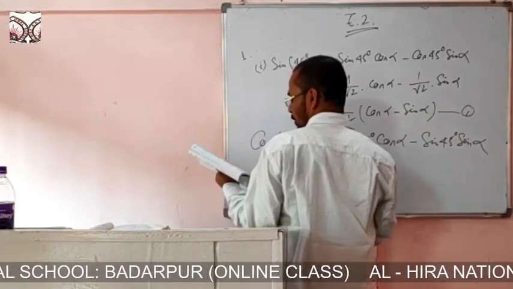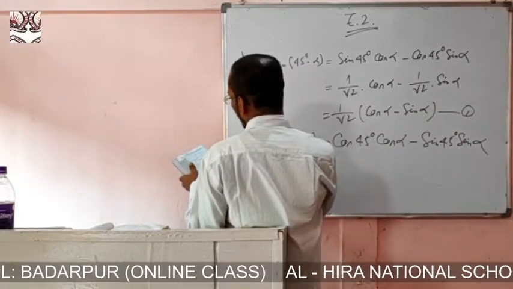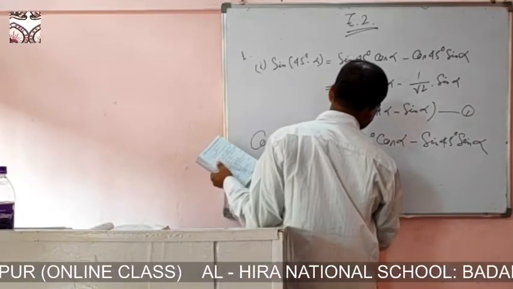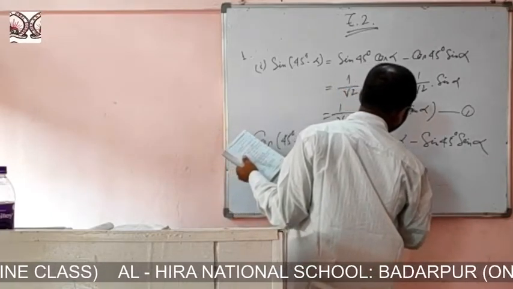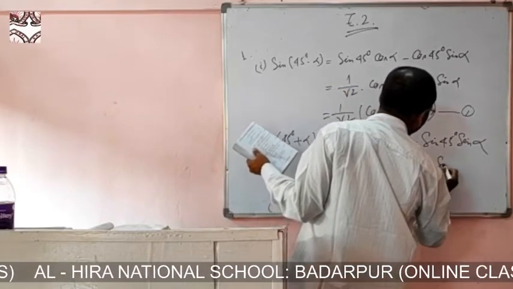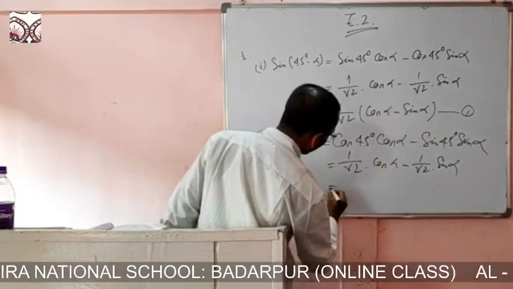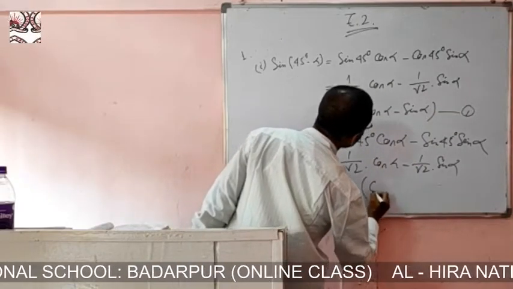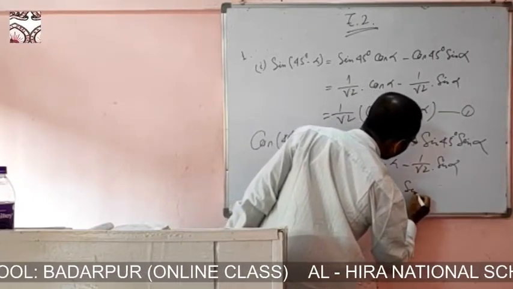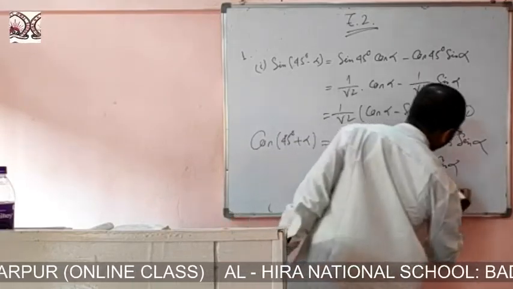So cos 45 is how much? Cos 45 is again 1 by root 2 into cos alpha minus sin 45 is 1 by root 2 into sin alpha. So 1 by root 2 common, and this is again cos alpha minus sin alpha. This one is number 2.